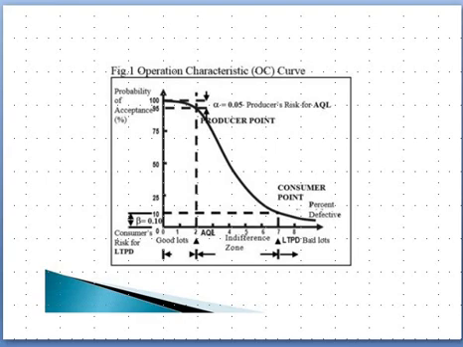The operating characteristic curve has an x-axis as well as a y-axis. The x-axis shows the indifference zone, and the y-axis shows the probability of acceptance. On the x-axis we have AQL and LTPD. Beta is called the consumer risk, whereas alpha is called the producer risk.